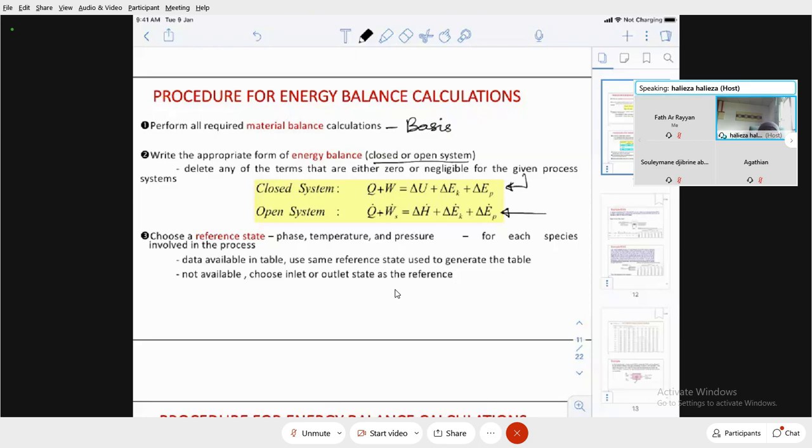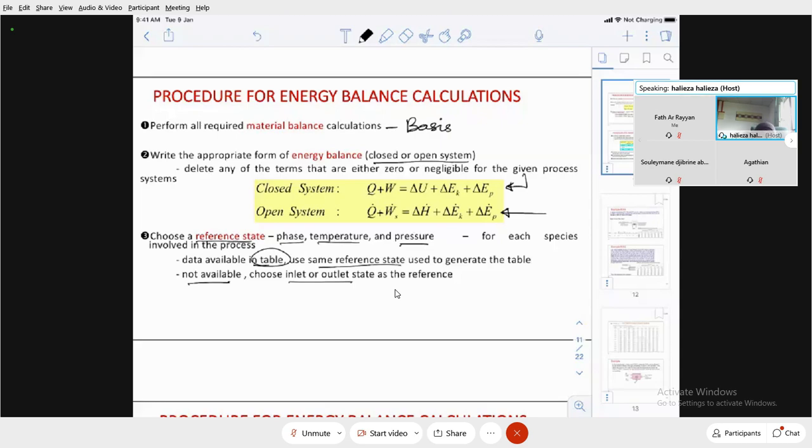Next, reference state. You need to specify what phase it is, liquid, gas, solid, what temperature it is at, what pressure it is at. Normally, you can choose inlet or outlet. It's a matter of choice if your data is not available. But if your data is given, whereby you get it directly from, for example, steam table, then use the same reference state as that of the steam table.